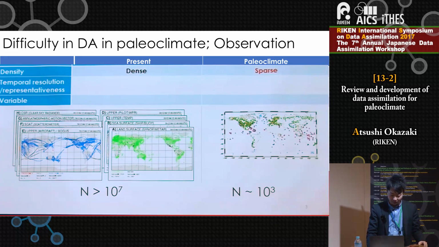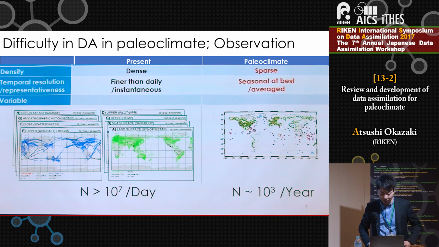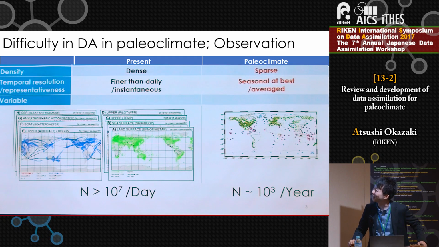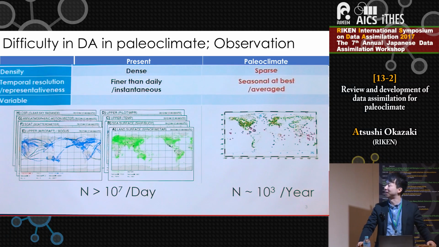Next, temporal resolution. Sorry, I missed the order. The temporal resolution of paleoclimate is lower than present-day observation. What we can get is seasonal at best. Moreover, what we can get is not an instantaneous state, but an averaged state.